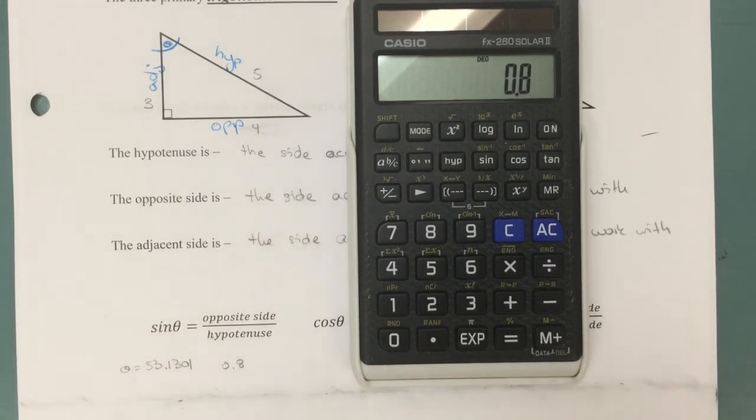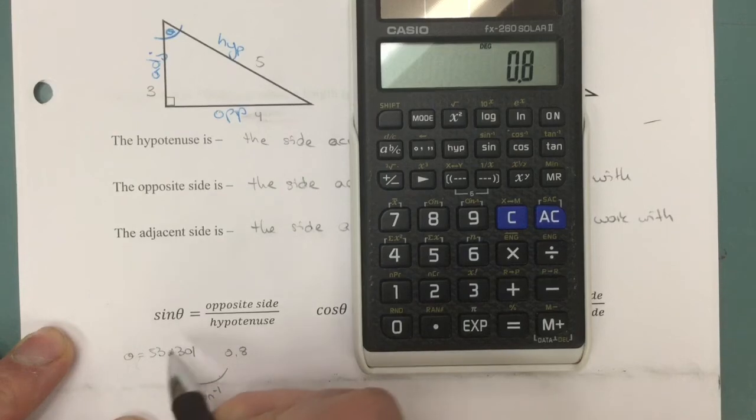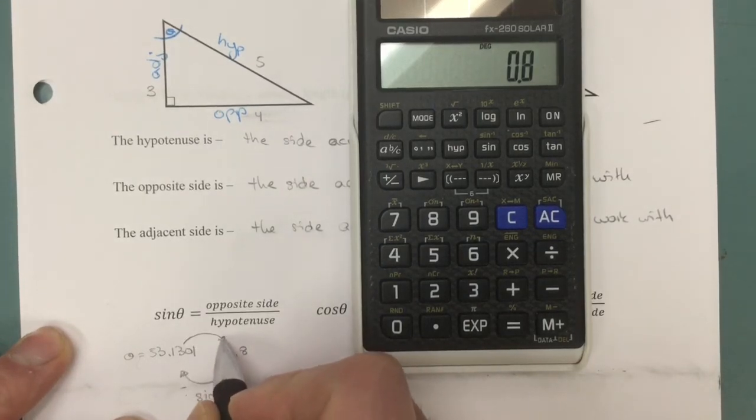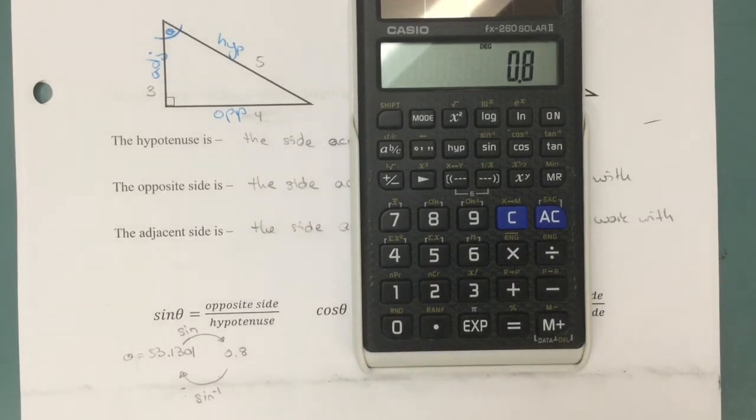So that's how you go from a ratio to an angle, by using the inverse sine. And to get from the angle to the ratio, you use the sine button. The sine button will get you to the ratio, and the inverse sine button will get you to the angle.